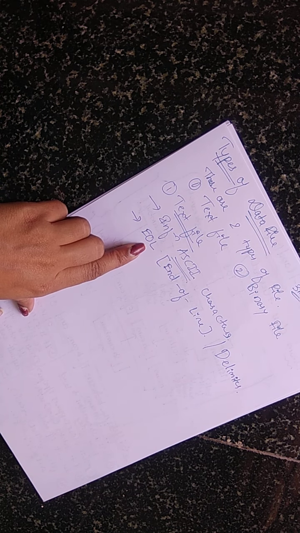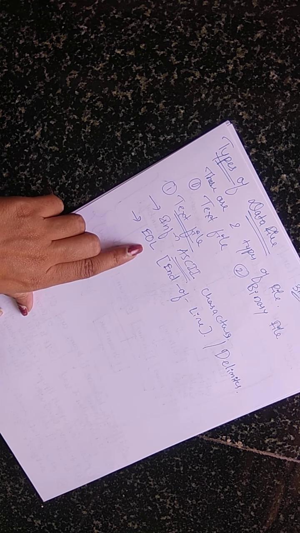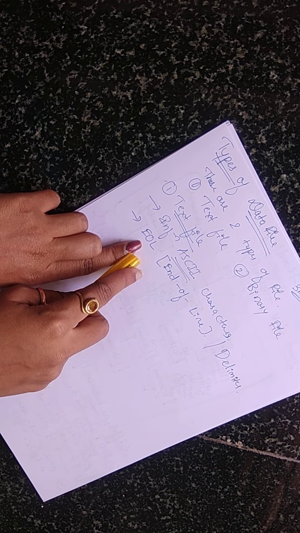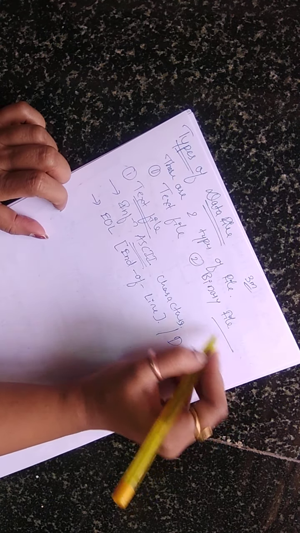In a text file, each line of the content you write will be ended with a special character called EOL, or a delimiter character. Here EOL stands for end of line. Suppose you had written these lines in a text file.